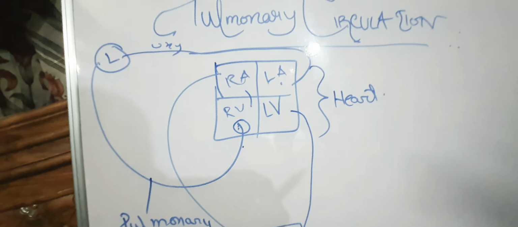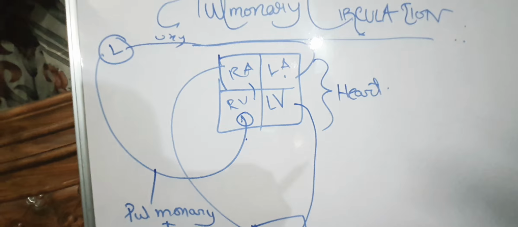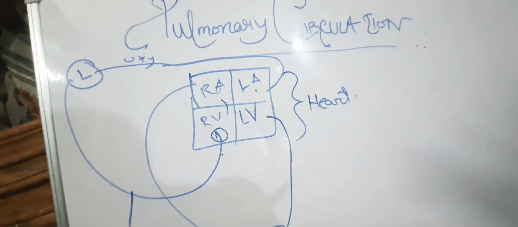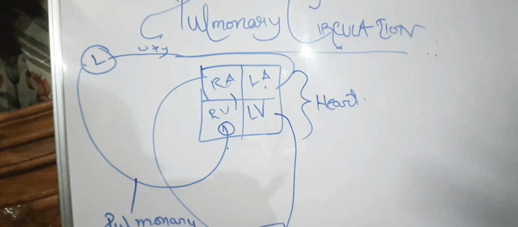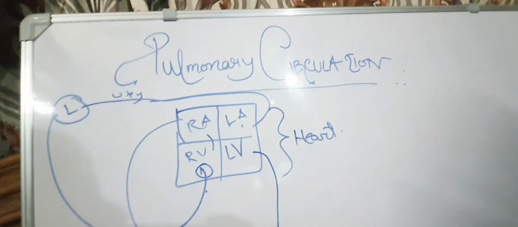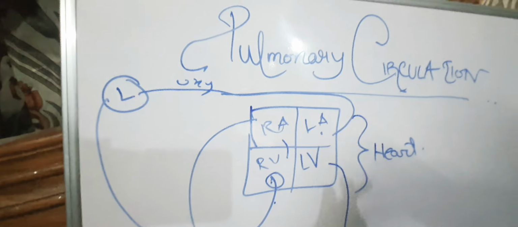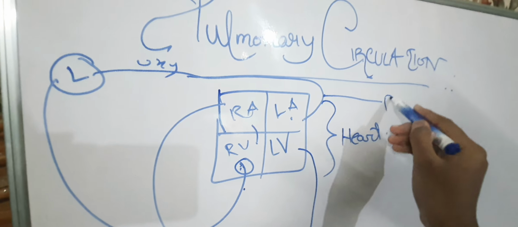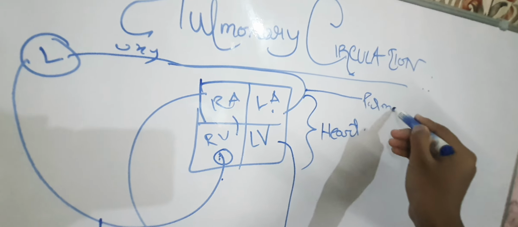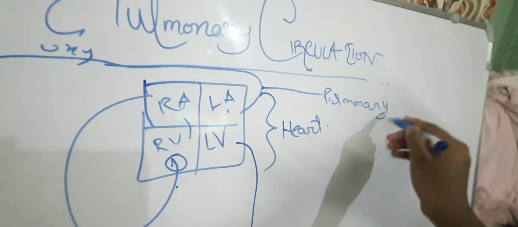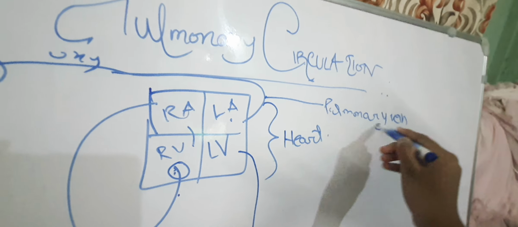So first of all, this is a vein, but it is still carrying oxygenated blood, so it should have a different name. So this is called pulmonary vein.